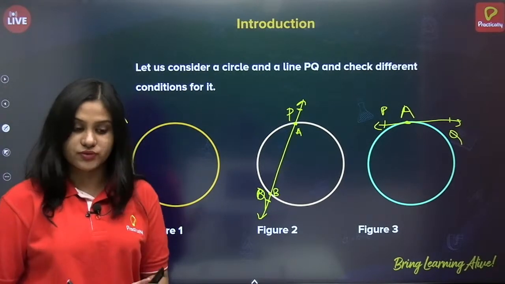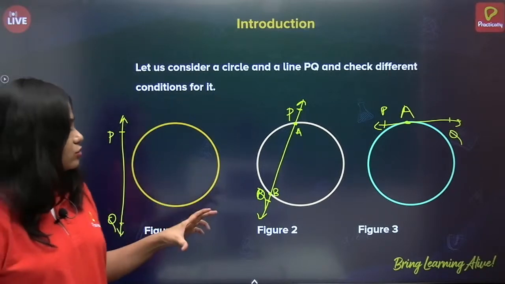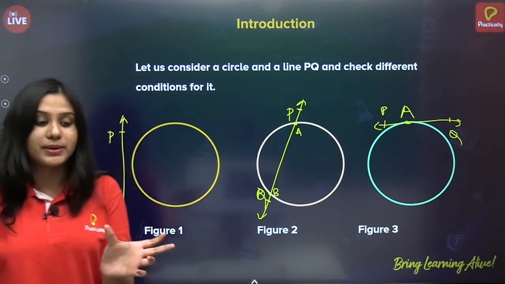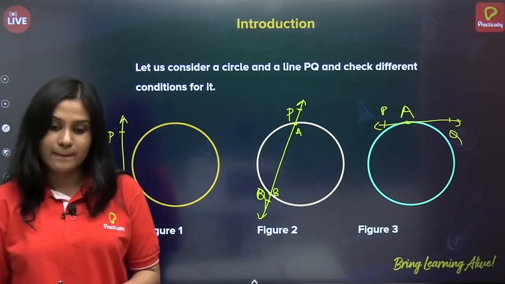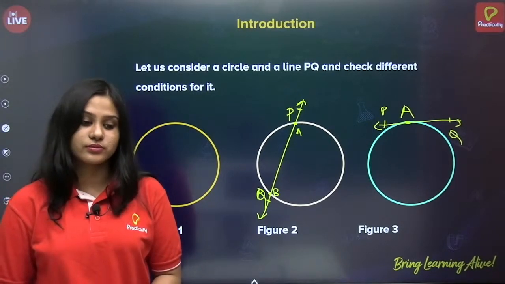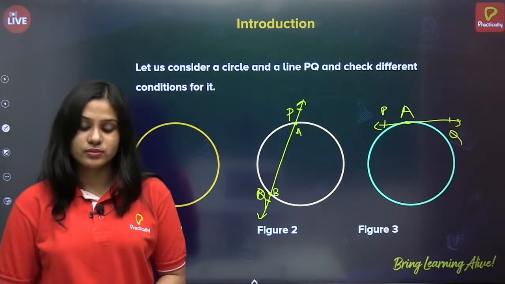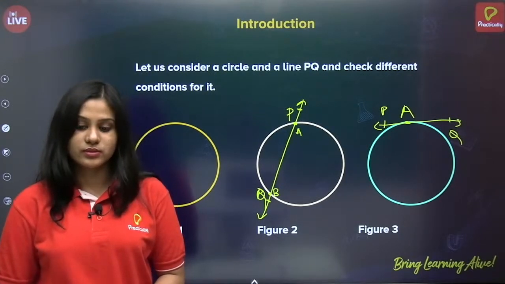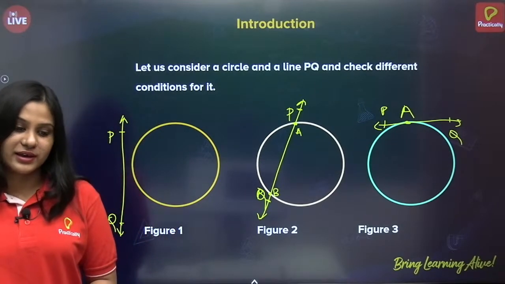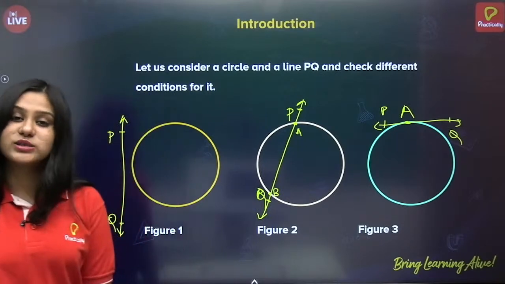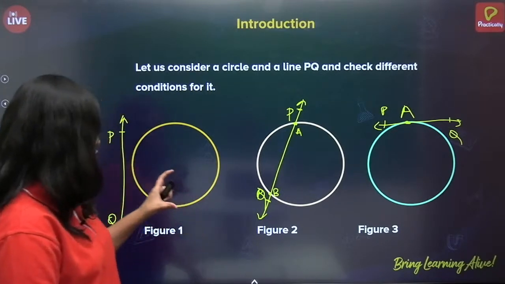Yes, of course, figure 2 is secant. And can you tell me what line segment AB is called? Yes, line segment AB is known as chord. Very good, Lakshmana Prabhu. Correct.